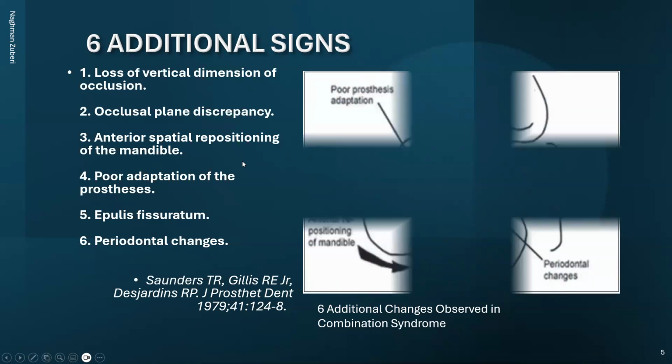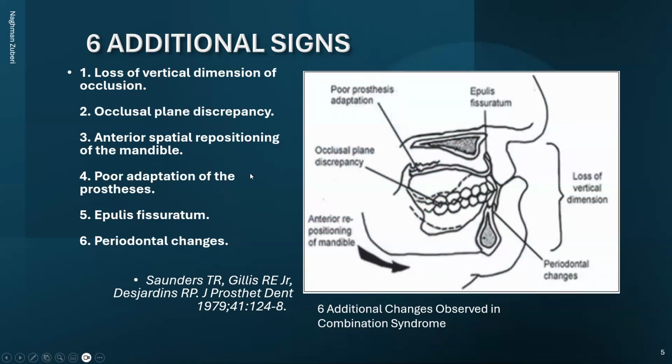They mentioned 6 additional changes which may occur due to this situation where the maxilla is completely edentulous and the mandibular patient is wearing a distal extension denture. So what were those?